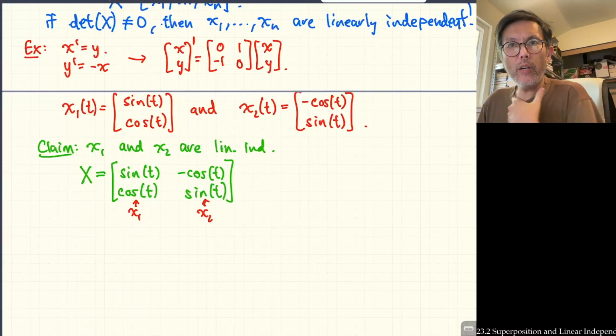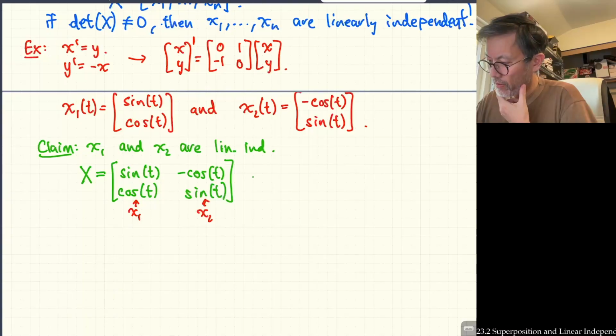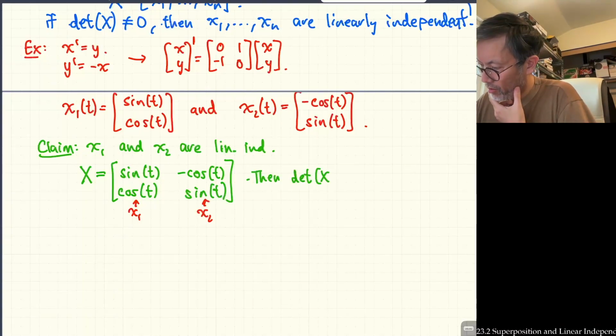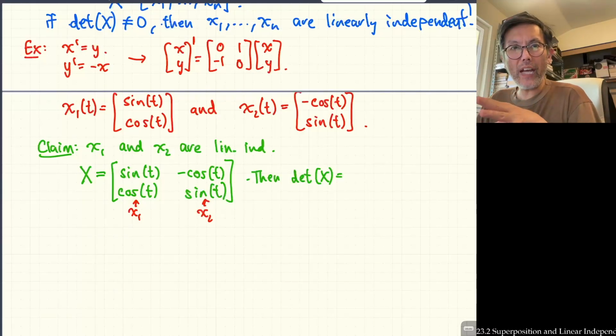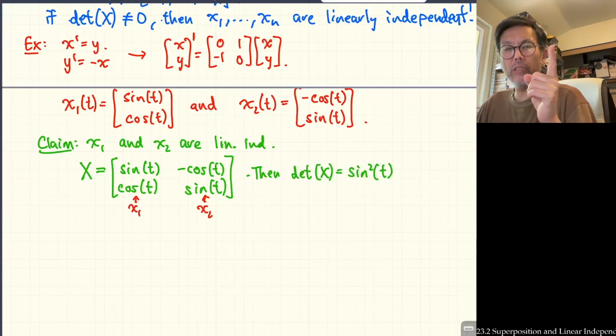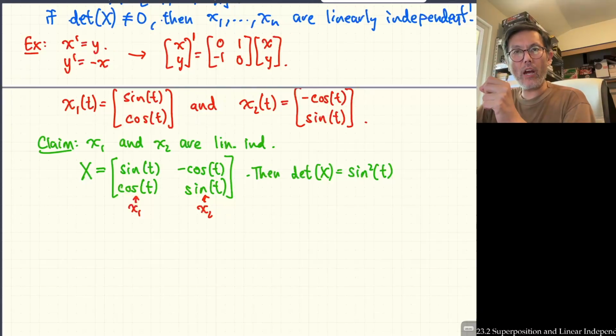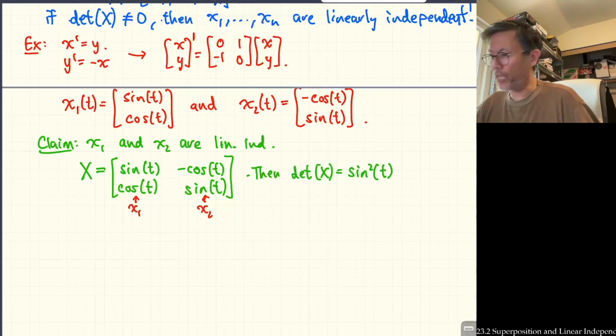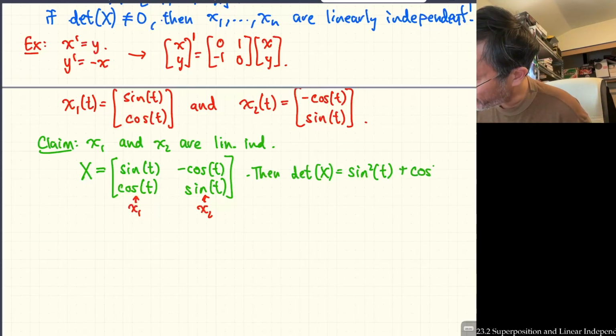Now, what's the determinant of X? In this case it is sine squared of t, the product of the diagonals, minus the product of the off diagonals. So that's minus negative cosine squared, that's plus cosine squared of t.